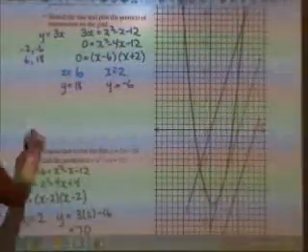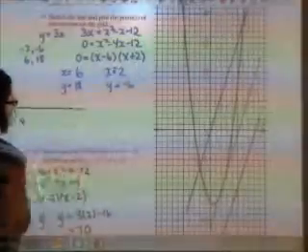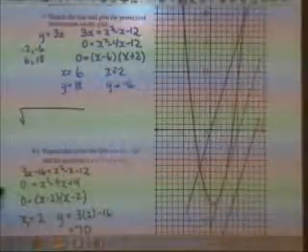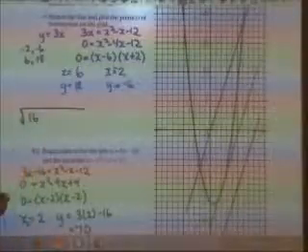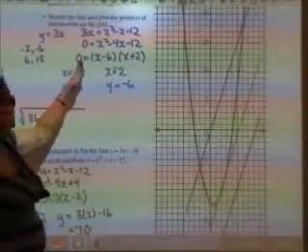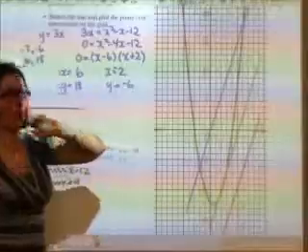Okay? And then the last one, which was the first one that we did, if I look just at the discriminant, b squared minus 4ac, I get 16 minus 4 times 1 times negative 12.